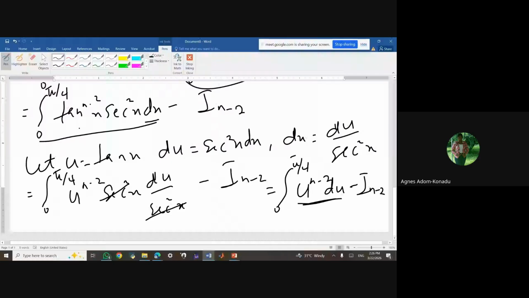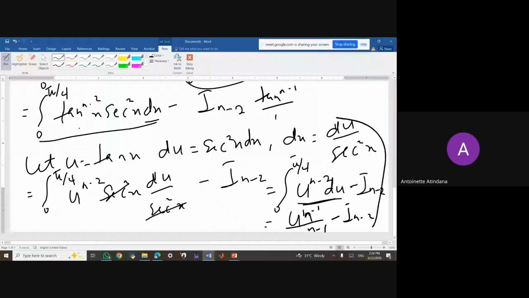So I can integrate this. When I integrate this, it will be u to the power n minus 2 plus 1, all divided by n minus 2 plus 1, so this will be u to the power n minus 1 over n minus 1, then minus I subscript n minus 2. And I know that my u is tan x. So the final answer will be tan^(n-1) x over n minus 1 minus I subscript n minus 2. So that's what I'm supposed to get.